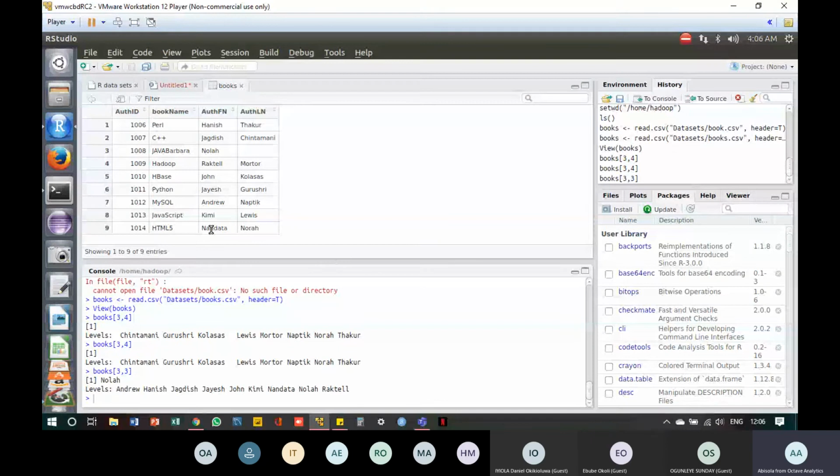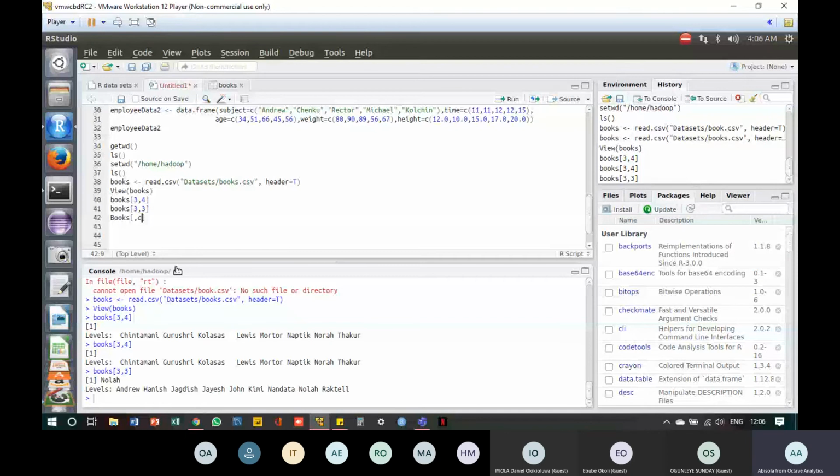So if I wanted to subset by, say, I want it to give me all the rows. I'm going to leave this space as empty because I want it to give me all the rows. Then I want to have columns 2 to 4. So I would put it in form of a vector, columns 2 to 4. But I want all the rows.